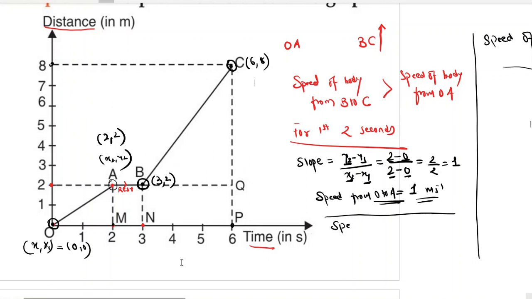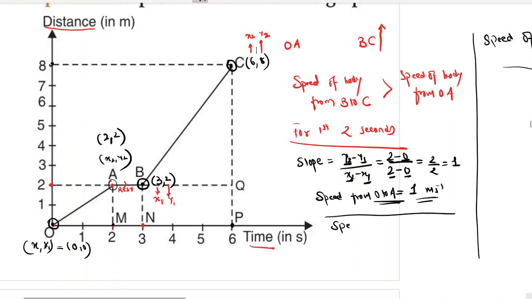We got x1, y1, x2, y2. In case you are still wondering what is x1, y1, I'll tell you. This x coordinate of B is x1, and this is y1, and this is x2, and this is y2. Right? x1, y1, x2, y2 is clear now.